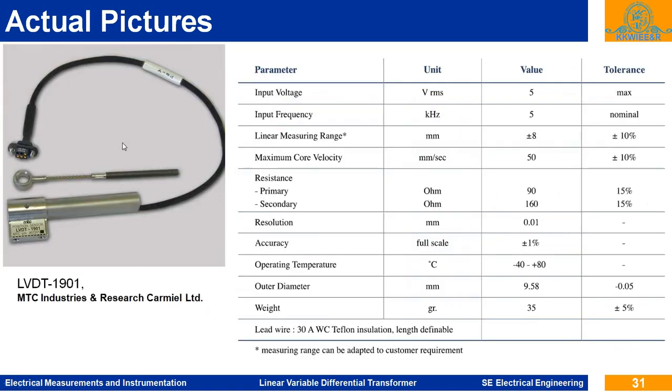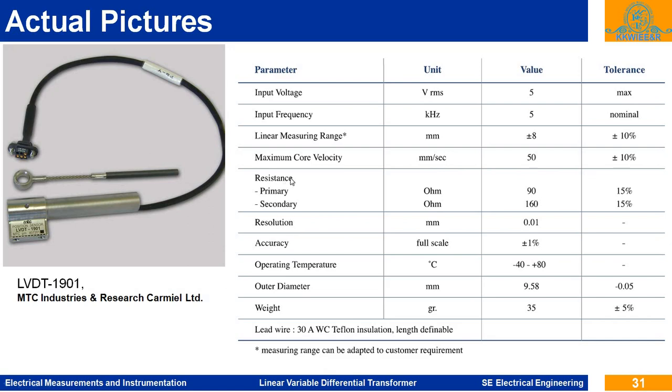Then this is a second LVDT, 1901 from MTC Industries and Research Carmiel Limited. Again the specification for this LVDT: input voltage 5 volt RMS maximum, input frequency 5 kilohertz, linear measurement range ±8 mm, maximum core velocity 50 mm per second.